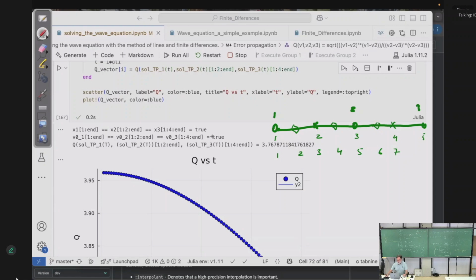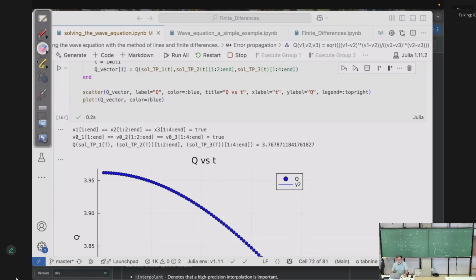So that checks that every point is okay. And here we compute the Q factor and we get almost 4. Remember that for a method that is second order in space, we should get 2 to the 2, so that's 4, so it's more or less okay.